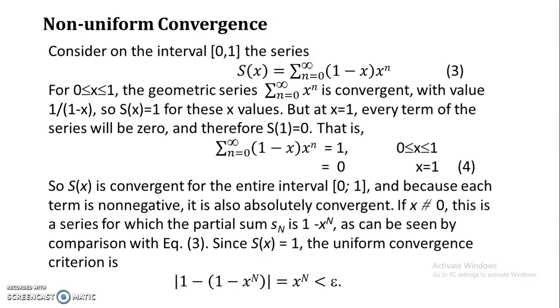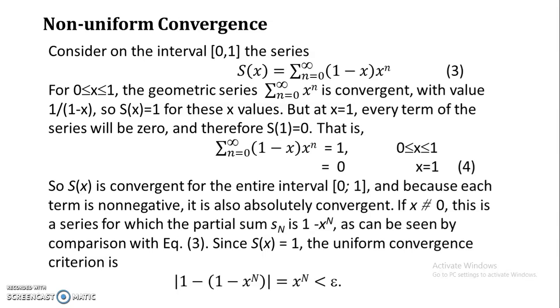As we know, for x less than 1 the geometric series is convergent, the summation of x power n being 1 by 1 minus x. So s of x is 1 for these values of x.